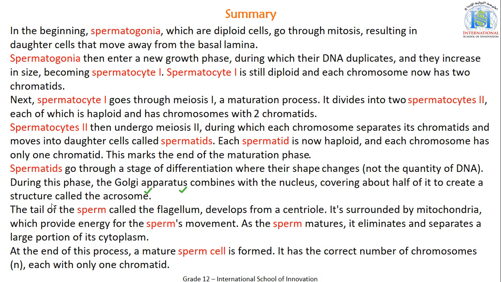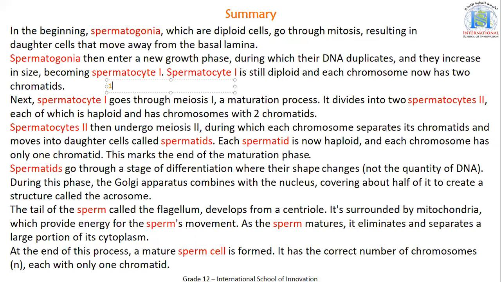The tail comes from the centriole. And then the mid piece is surrounded by a group of mitochondria. At the end of spermiogenesis, we will get a mature sperm cell, a ready sperm cell that is haploid with one chromatid.